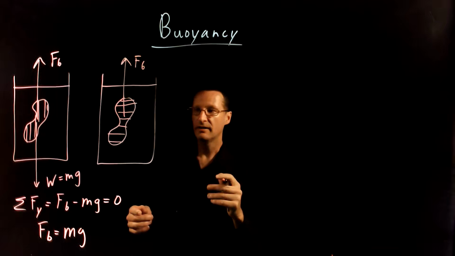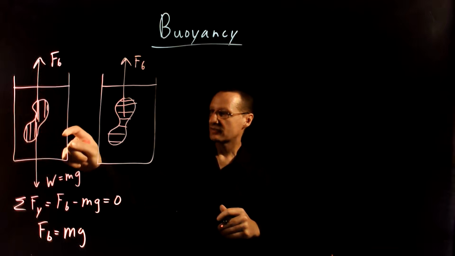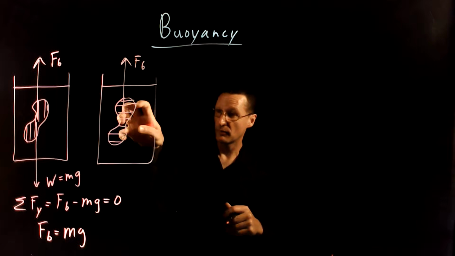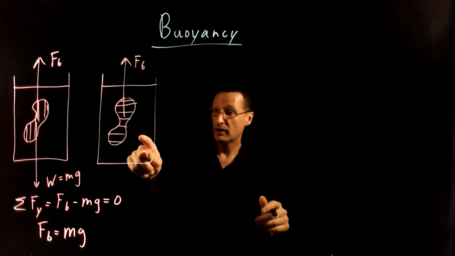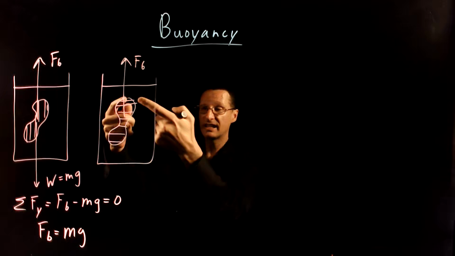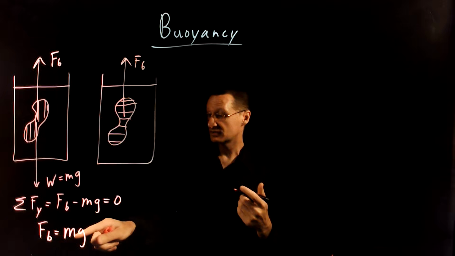Now, how do I know that? Well, again, the buoyant force is exerted by the water outside of the blob. And if you were to take the blob out and put some other object in there that is exactly the same shape and size, this water out here wouldn't know that anything was different, and it would still exert the same forces on the object as it was before.